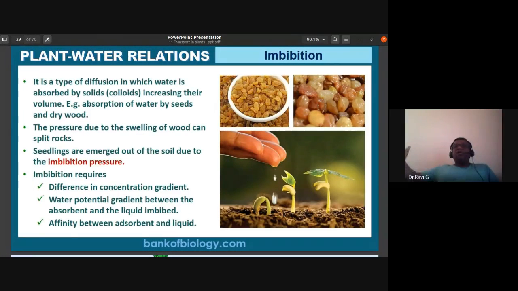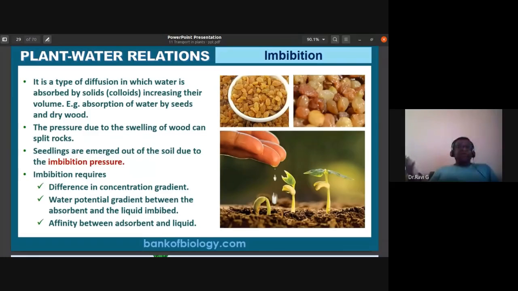I have already told you how in the olden days huge boulders were broken using this imbibition mechanism. They used to make a pit in the boulder, stuff it with a dry log of wood, and continuously water this dry log. When it underwent imbibition, it would swell, and that is how they used to crack the boulders.